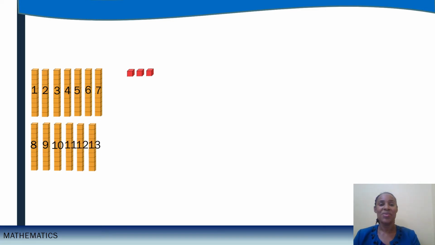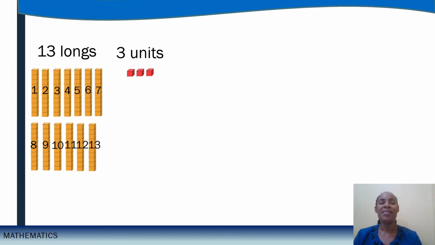And how many units do you see? Great, 3 units. So there we have it. 13 longs and 3 units. Boys and girls, do you know what number 13 longs and 3 units represent?